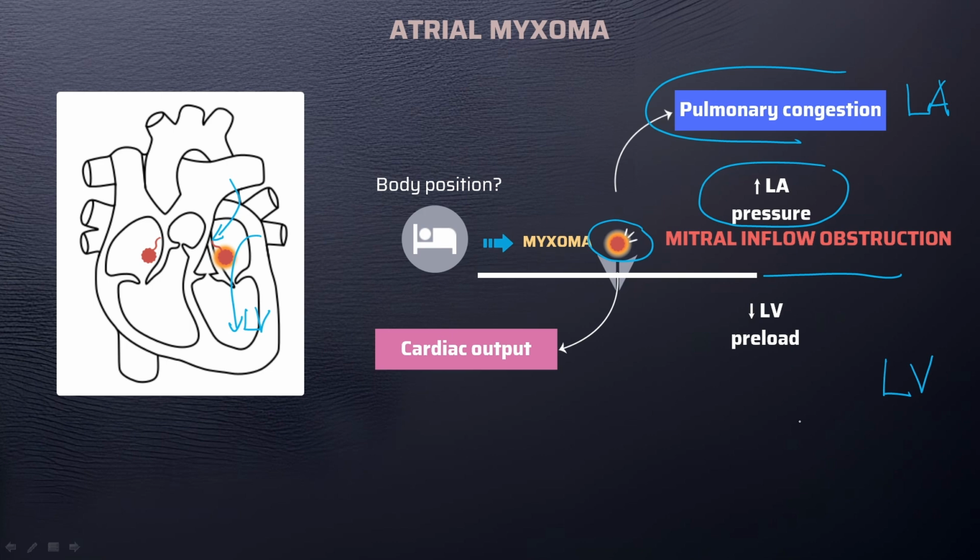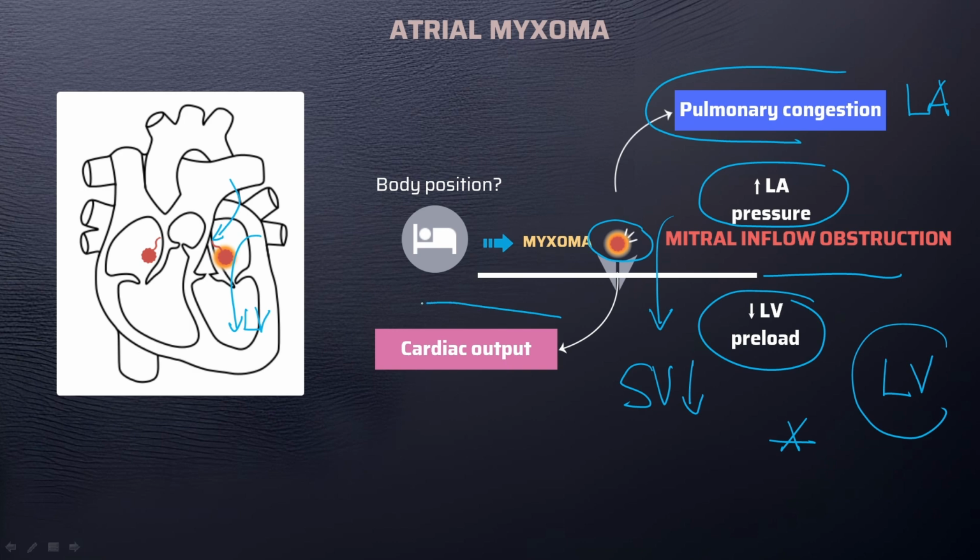Below the obstruction, that is this side here, there is a reduced preload because there is less flow coming into the left ventricle, right? That also means there is going to be a reduction in the stroke volume, and as a result, a decline in the cardiac output.